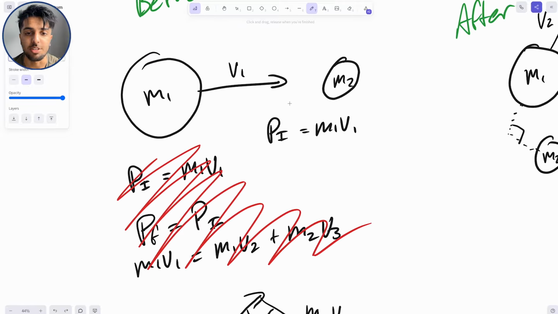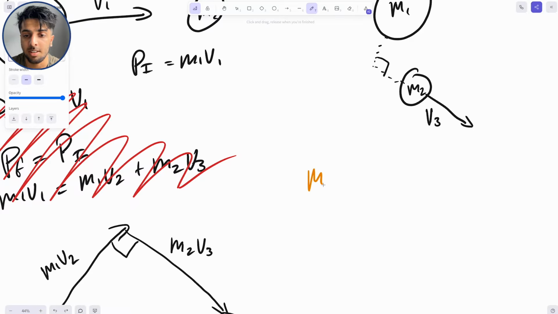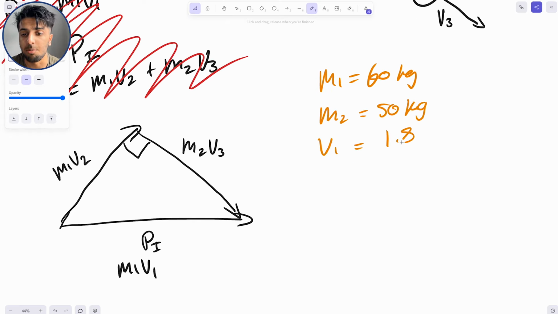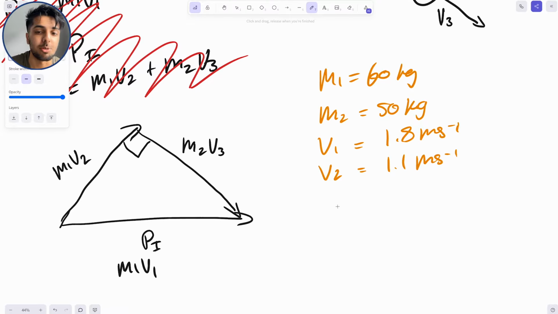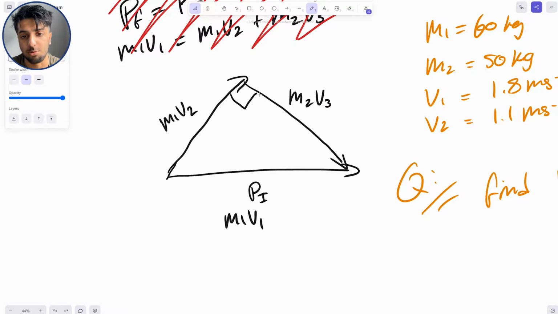And so if we just create some values here, we can say that m1 is 60 kilograms, m2 is 50 kilograms, v1 is 1.8 meters per second, and v2 is 1.1 meters per second. And so what we want to find, so our question is to find v3. And so this is our unknown, so we're trying to find the momentum of this vector right there.